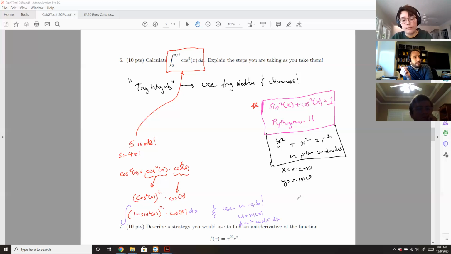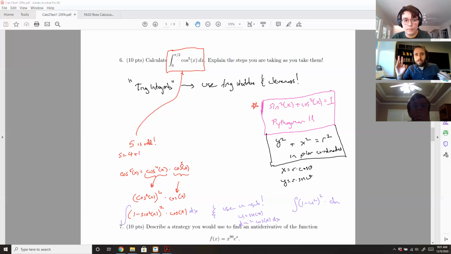And what we have is a bunch of stuff involving sine, so that's now a bunch of stuff involving u times a single du, and then we could proceed from there. All right. Any questions about that particular trick in this case?